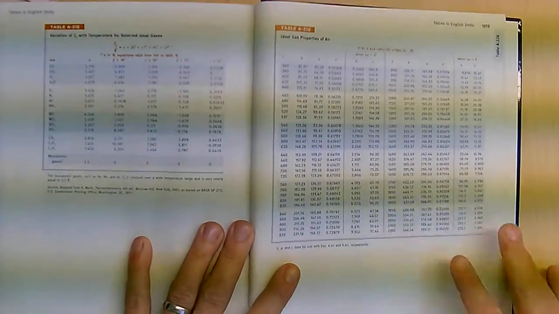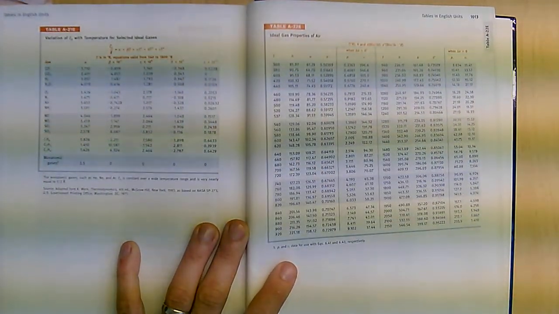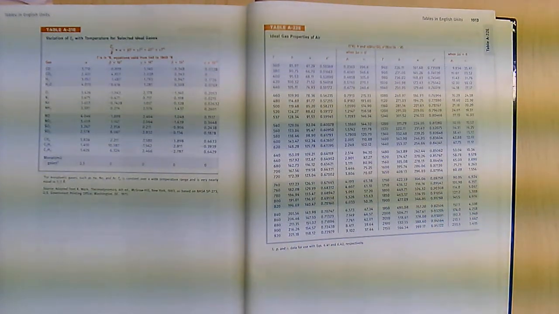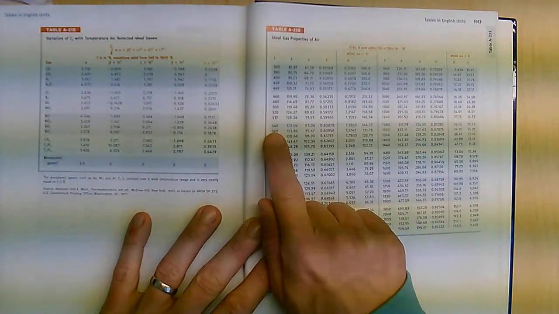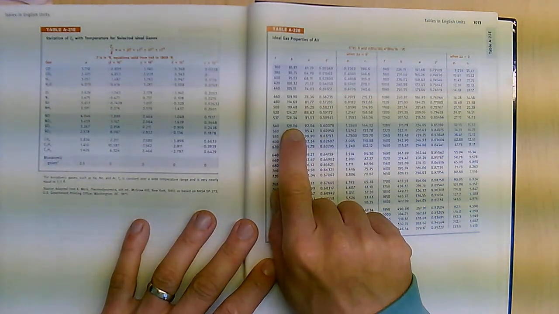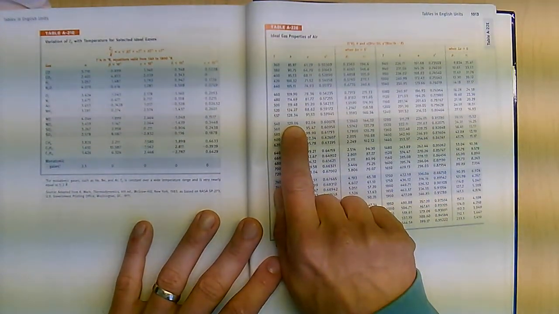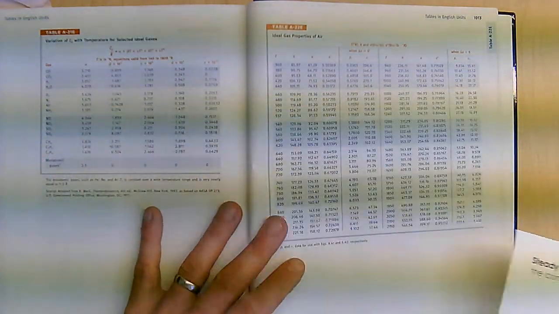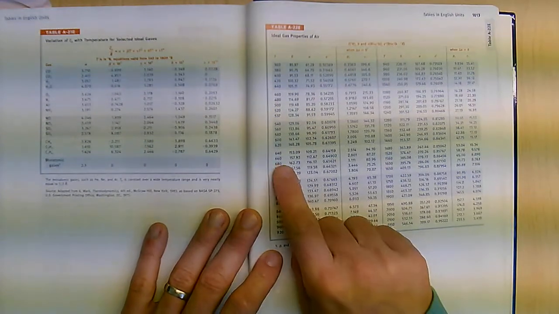Okay, so I go to my air table, and I have 80 degrees, which is going to be 540 degrees Rankine. My H is 129.06, and then I have 110 degrees, which is going to be 570.